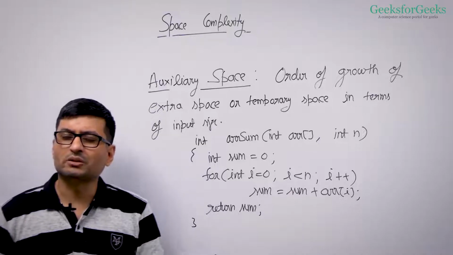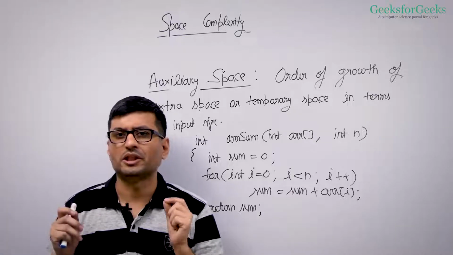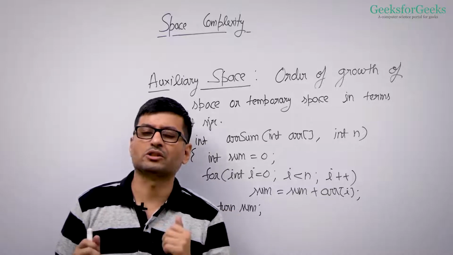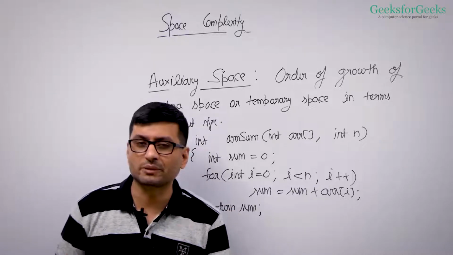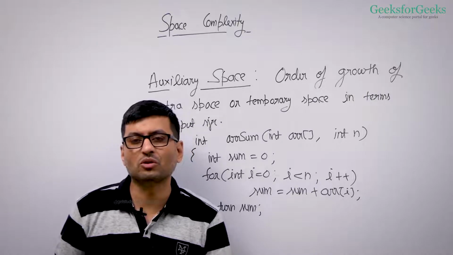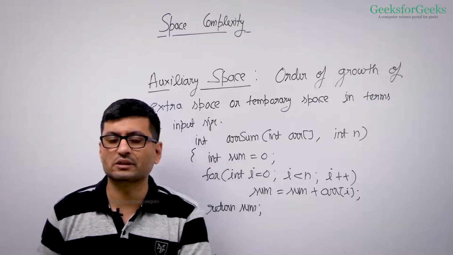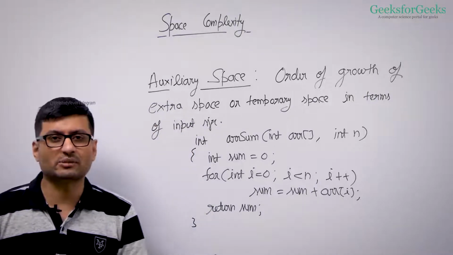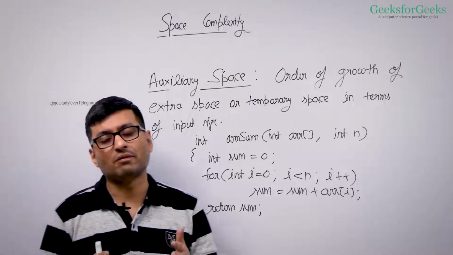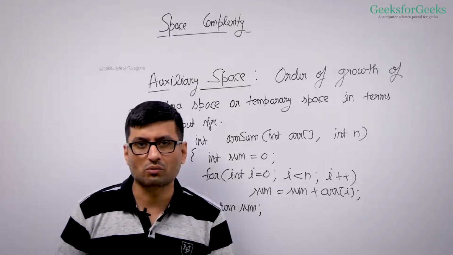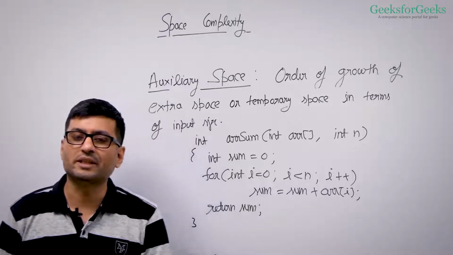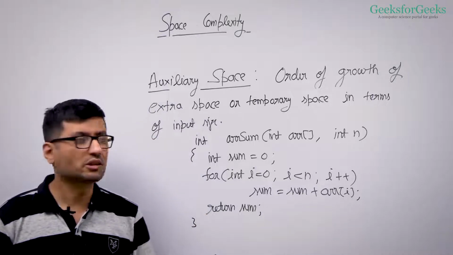So space complexity of this program is clearly theta n. The RAM space required for this program is going to grow linearly in terms of input size. But if you talk about extra space, space created for memory other than input output, how much extra space does this program need?